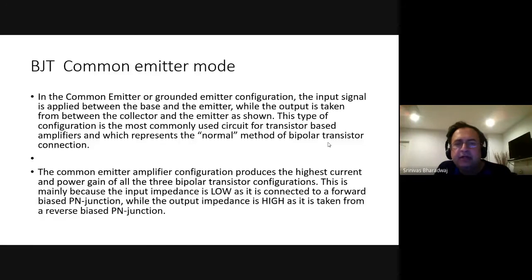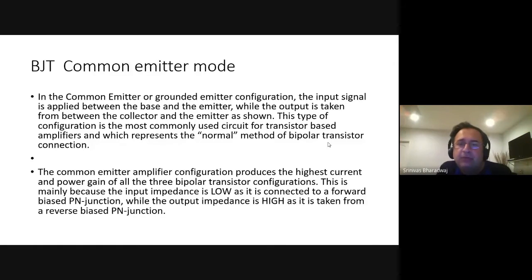The common emitter amplification configuration produces the highest current and power gain of all the three transistor configurations. What are the other configurations? You can also have a common collector, and a common base. But this is the common emitter configuration, which acts as an amplifier.